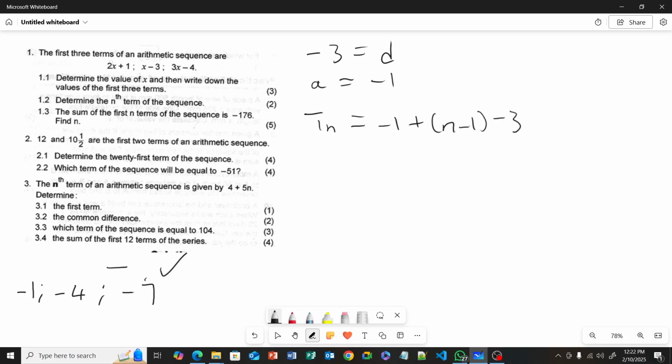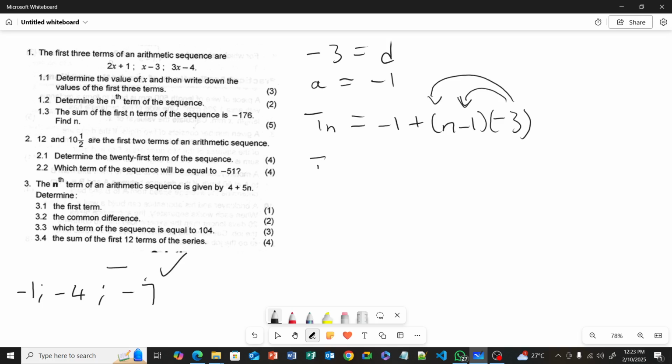So if you leave it like this, it's going to confuse you. Since it has a negative sign, let us put it in brackets. Do you leave it like this? No, you need to foil it inside, okay, like this.